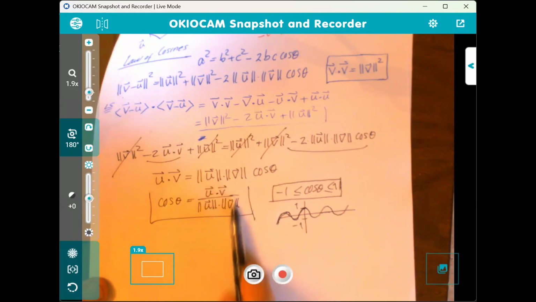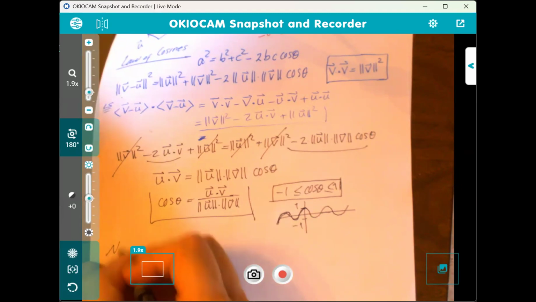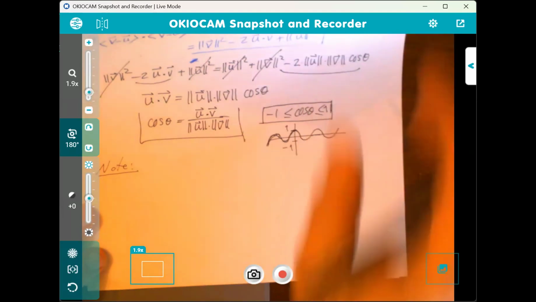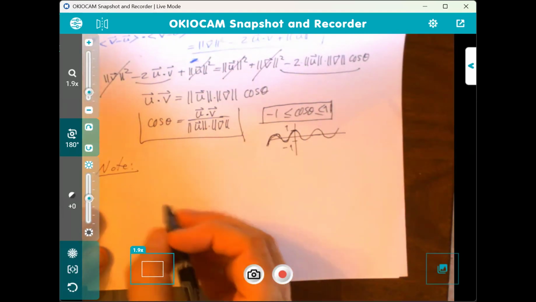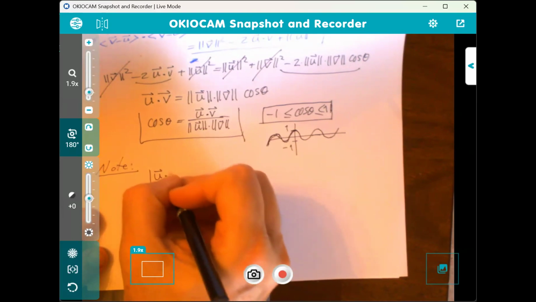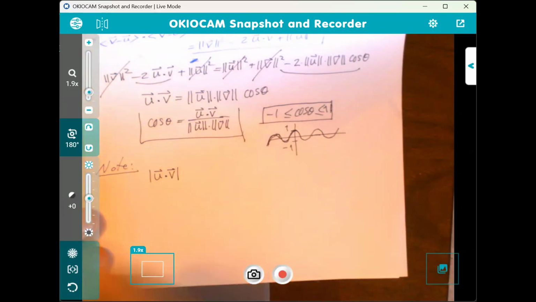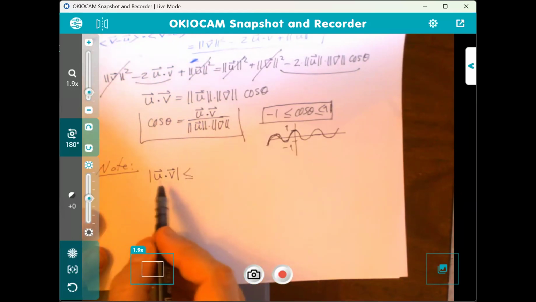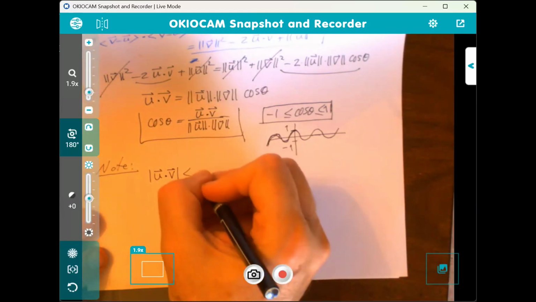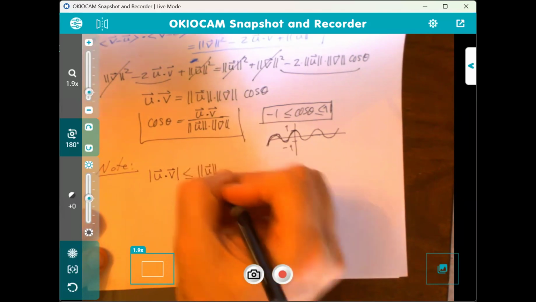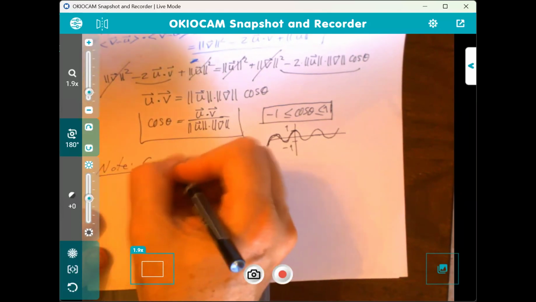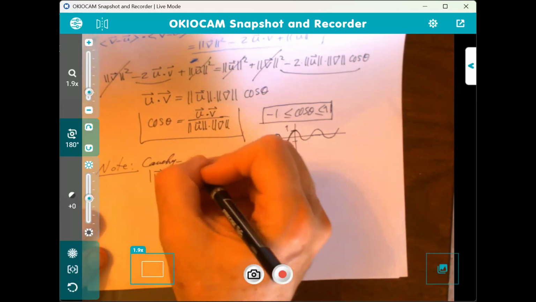How do we know what's on the right is between -1 and 1? Well, let me just put this as a note. We know by Cauchy-Schwarz, right? From the Cauchy-Schwarz inequality, we looked at that on the previous page. Cauchy-Schwarz says the absolute value of the dot product is less than or equal to the magnitude of u times magnitude of v, right?